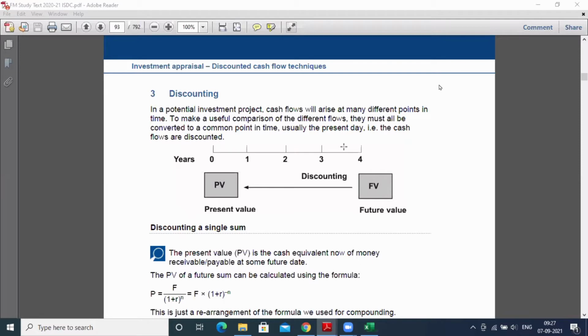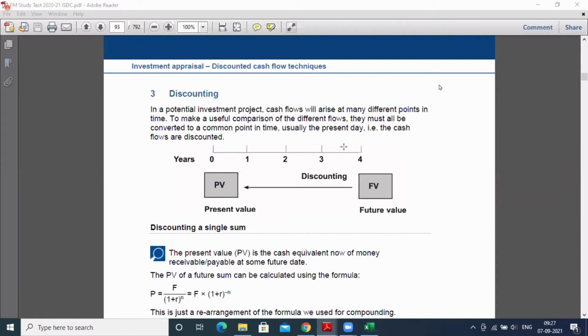Now, what is the value of that particular 30,000, which I am receiving after 1 year, in present terms? That is technically known as present value. So future expected 30,000 should be converted into present monetary terms. That is known as present value of money.